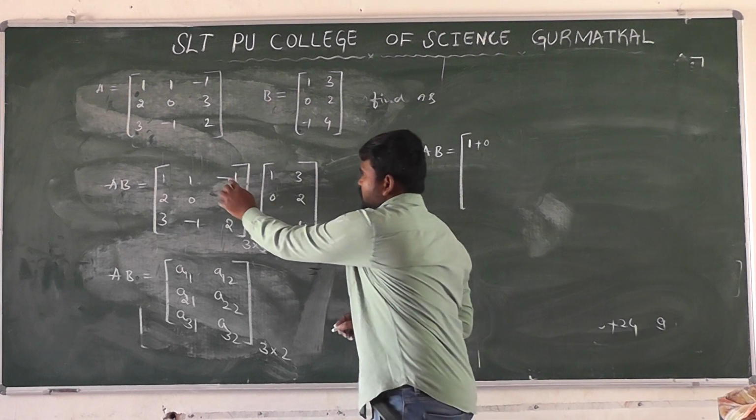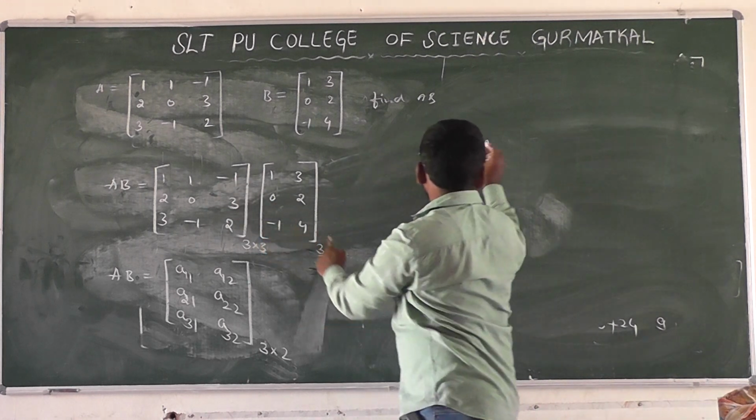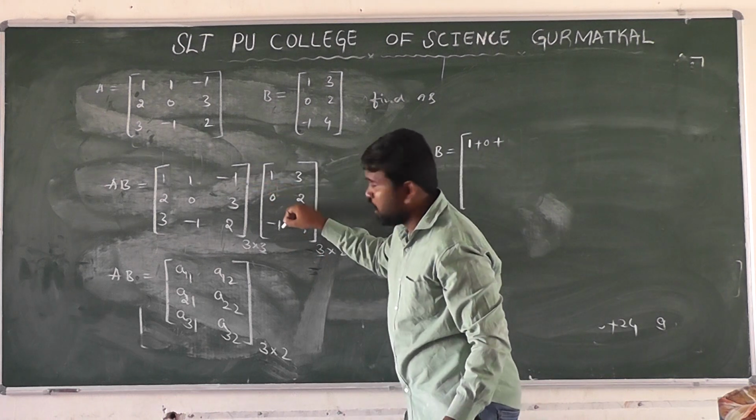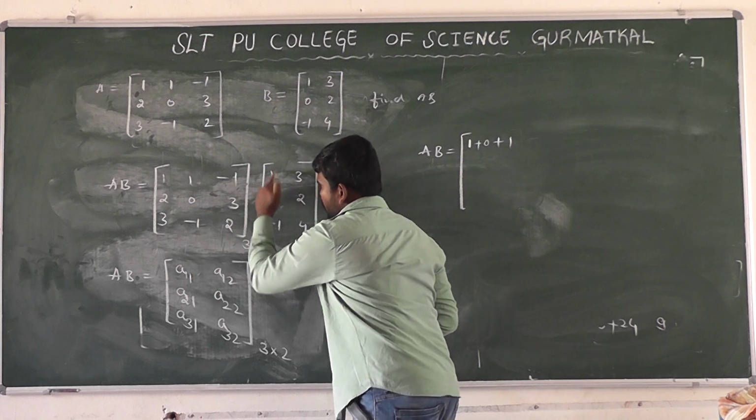Next, minus into minus is plus, 1 into 1 is 1. Right? First row, first column element is over.